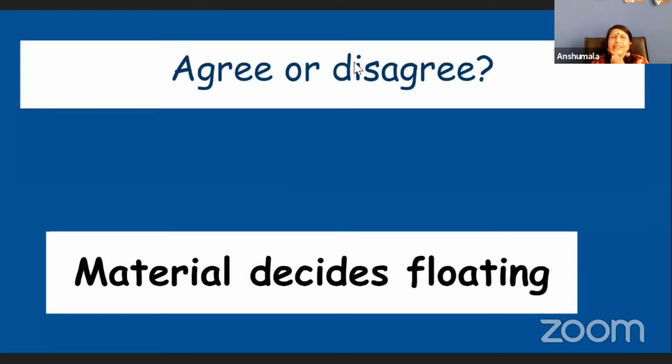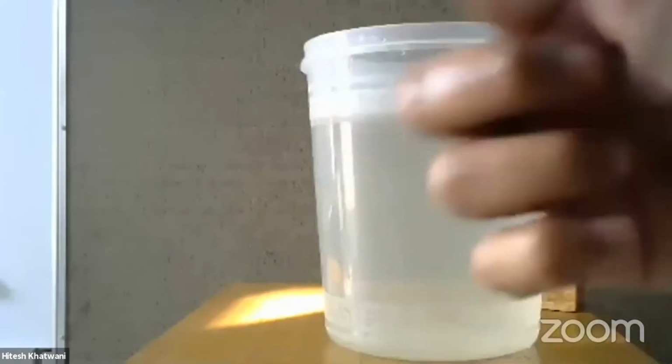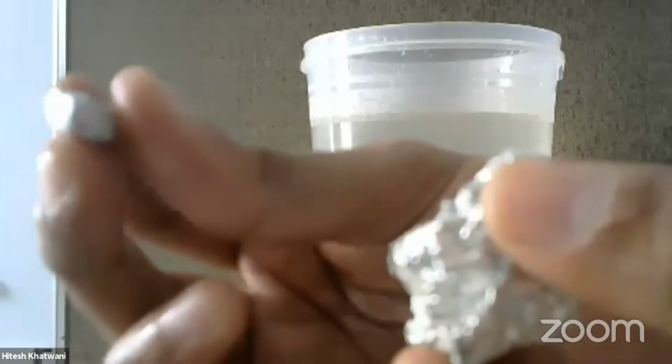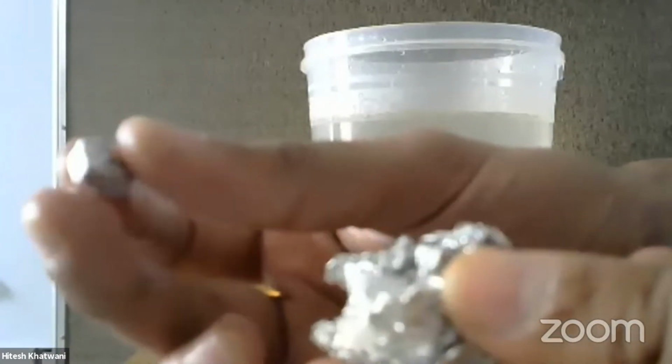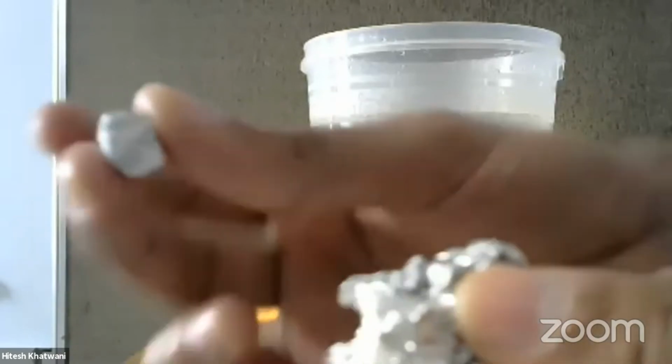We have aluminum foil for which we have made a loose ball, and then we have aluminum foil for which we have made a very tight ball. We have actually hammered the other one so that it's become very tight, and now put both.